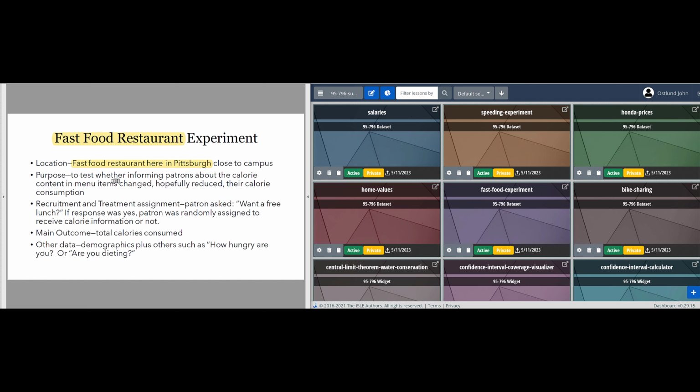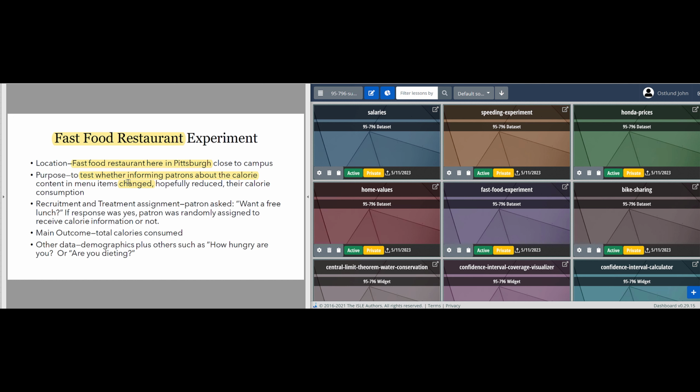And what they were interested in is determining whether informing people buying lunch about calorie information changed their calorie consumption relative to what they would have consumed if they had not been presented with this information.